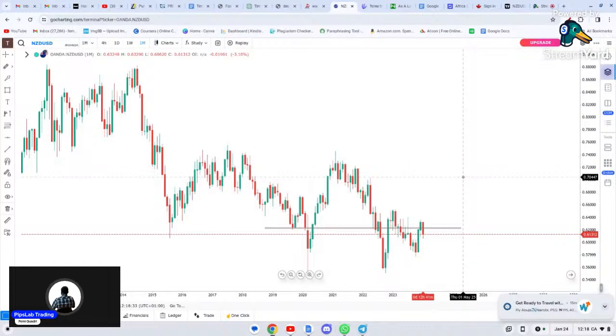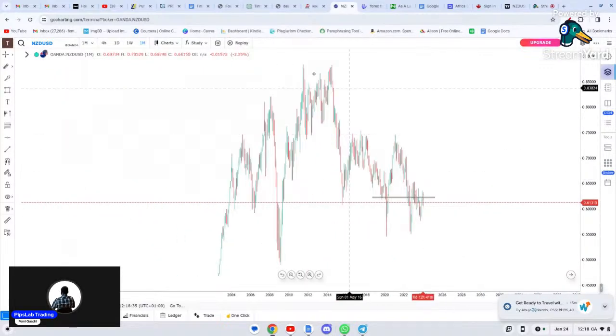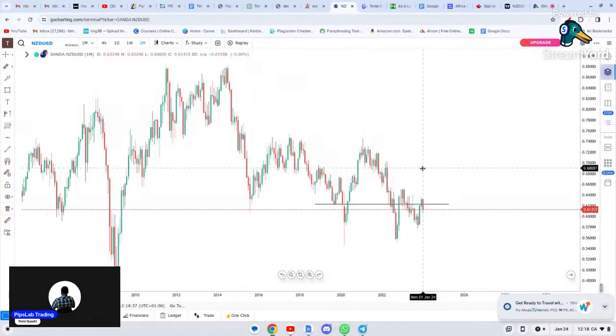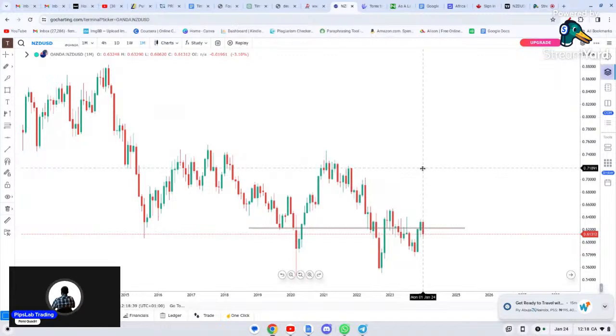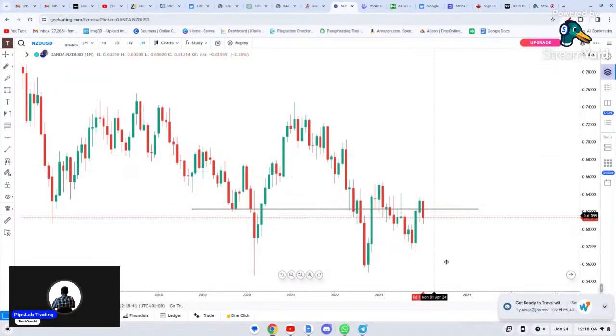So after drawing the zone, as you can see here, this is an obvious downtrend. So we only look for sell opportunities. There's no point looking for buy opportunity. The only reason I will consider a buy trade is if there is a breakout from this trend here.